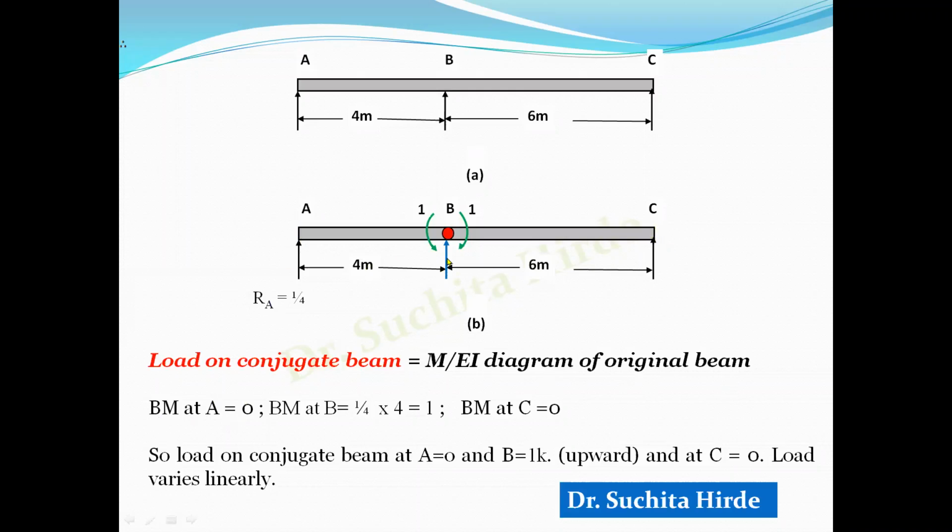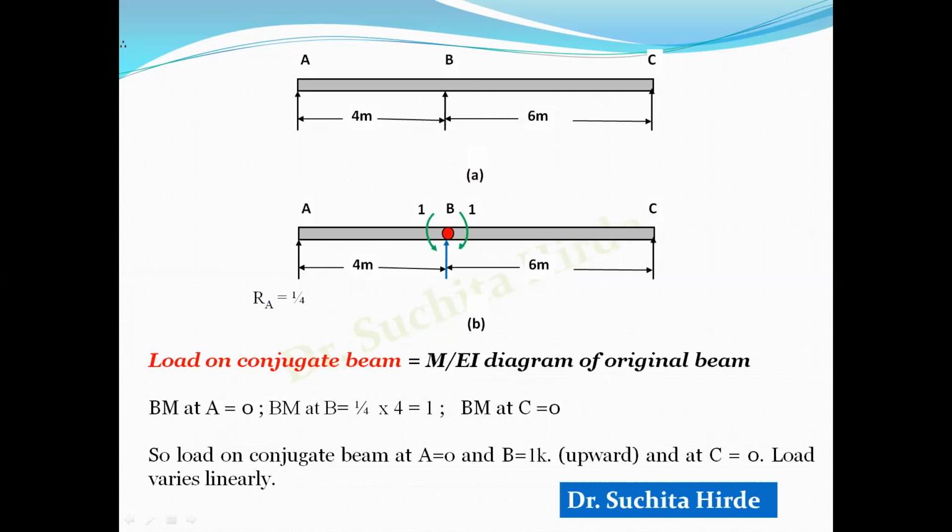What is the bending moment at B? Bending moment at B just to the left of this section is 1 by 4 into 4, which is equal to 1, and after that these moments will cancel each other. So at B we have a bending moment of 1. Therefore we know the bending moment at A is 0, at C is 0 and at B is 1, so we can draw the bending moment diagram.